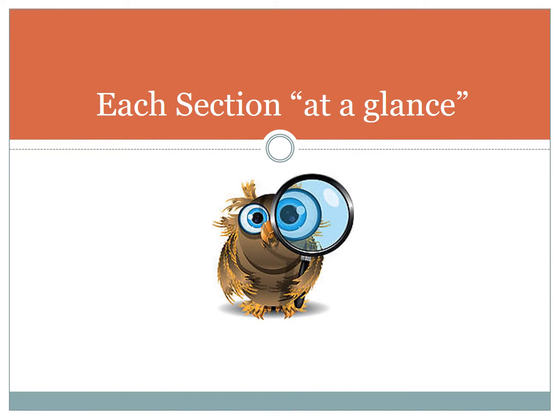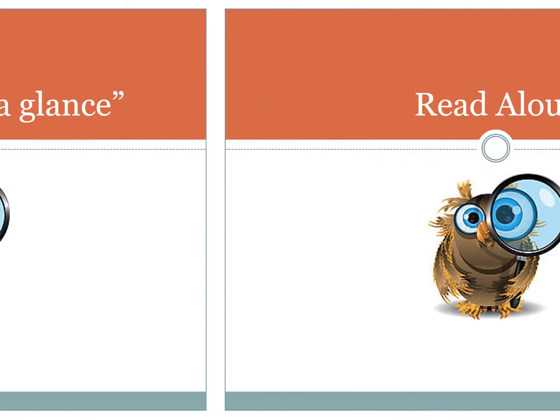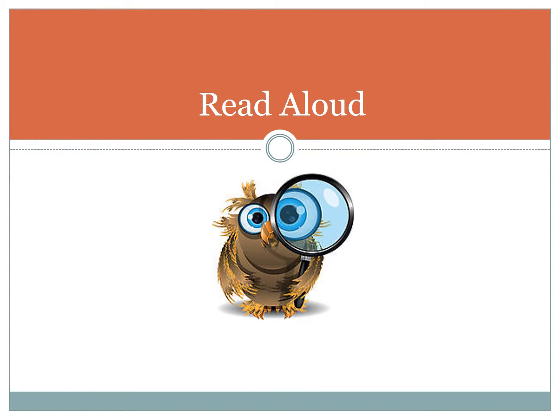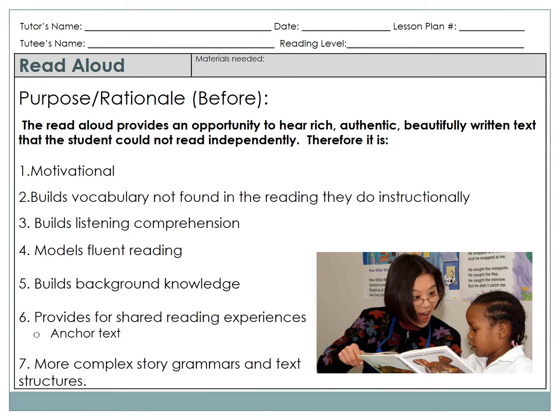So now I want to go through each section at a glance quickly. I am doing this knowing that you can go back and reread for clarification, just to keep this video somewhat short. First is the read aloud. The purpose of the read aloud is to provide an opportunity for the student to hear rich, authentic, beautifully written text that the student could not read independently.